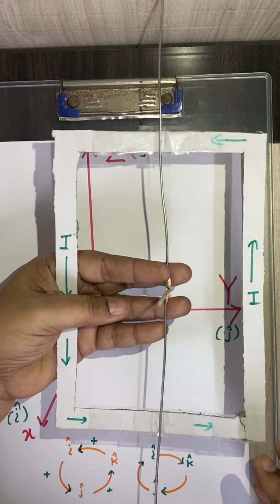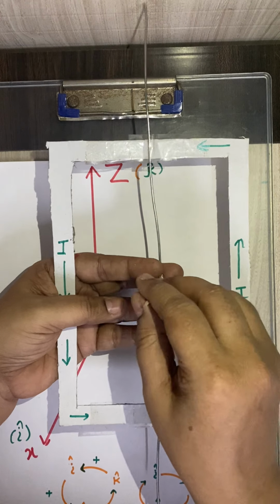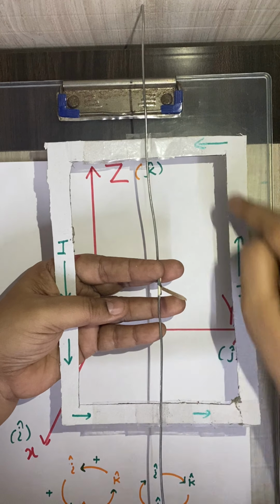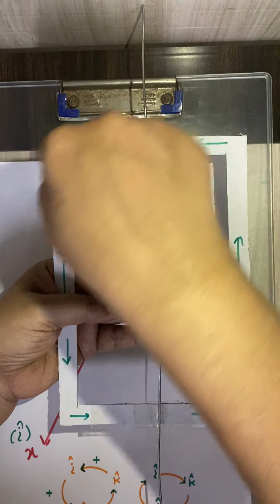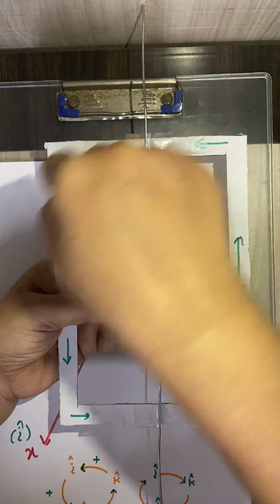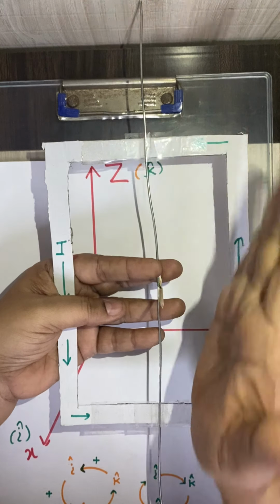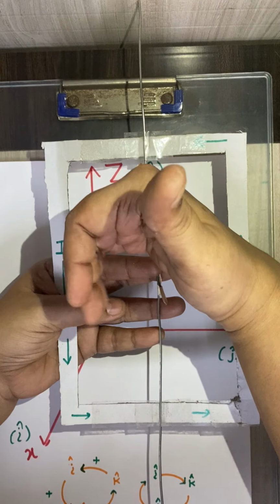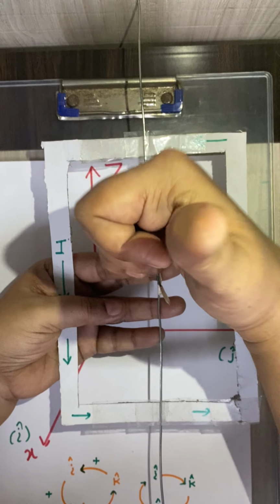So this is the z axis, this is the y axis, and the current is flowing in the anti-clockwise manner. If I apply the right hand thumb rule, the curled fingers show the anti-clockwise direction, and then the thumb shows the direction of the magnetic moment.